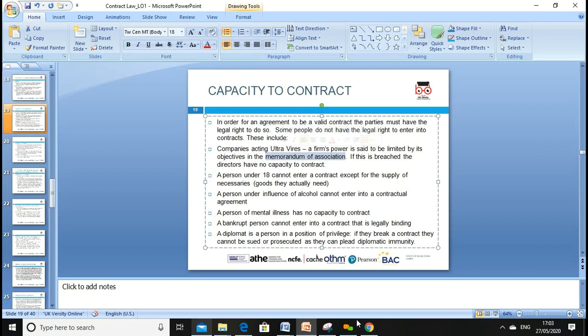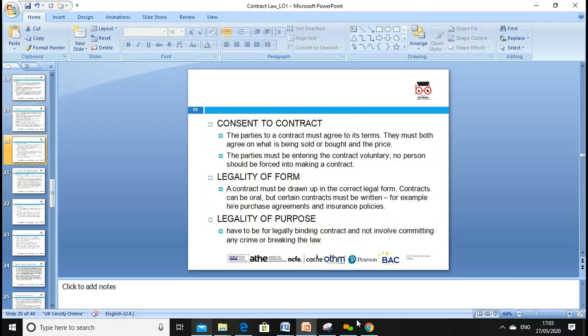When you register the company, you have to give the memorandum of association, what you do and where your office will be based. And the articles of association, who will be responsible for what as a director and sub-director. Okay, so that's what we need to look at for capacity.